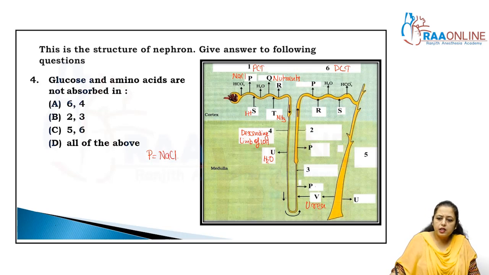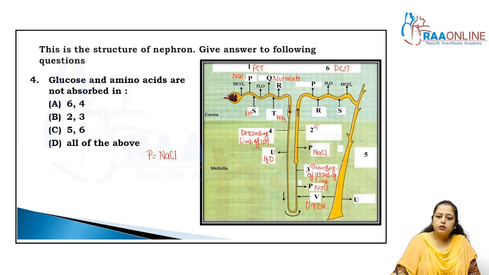That P is the NaCl. That is the thin segment of ascending limb, right? That P stands for the NaCl.